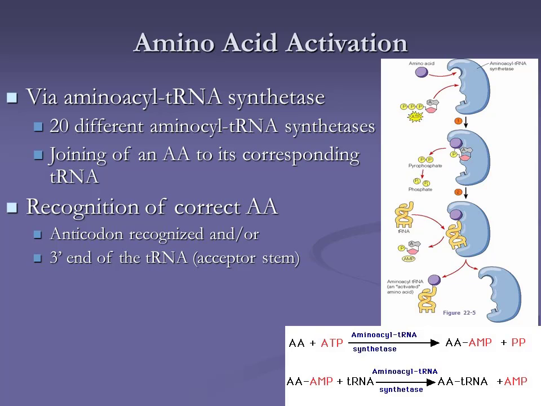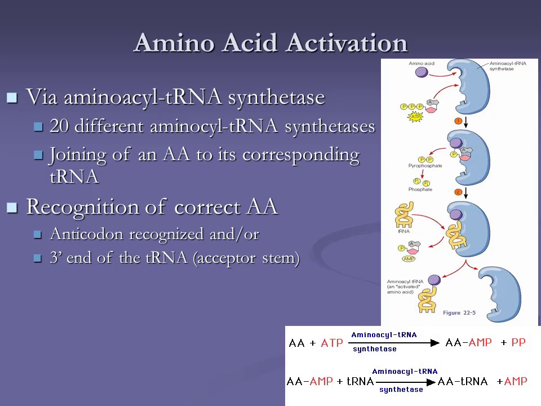Now, this is not the same enzyme for all transfer RNAs and all amino acids. You're going to have this aminoacyl tRNA synthetase that's specific for the amino acids. And for those that have the 2 different sets of codons, you're going to have 2 different ones.